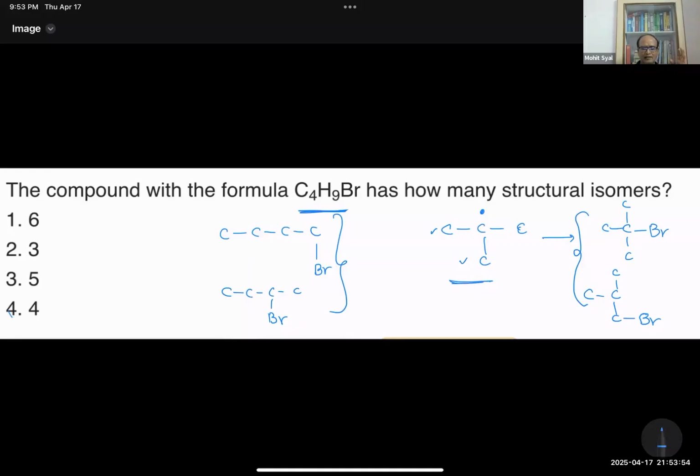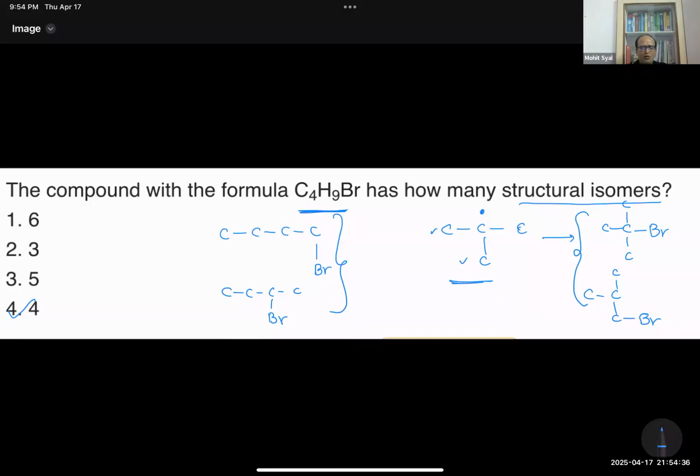So you will just have 4 as the answer. But Ibrahim and Jasmine, can you tell me what will be the answer if I ask you to include stereoisomers also? In today's class we discussed stereoisomers, optical isomers. This question is asking about the structural isomers only, but there is one more question which asks about the stereoisomers.